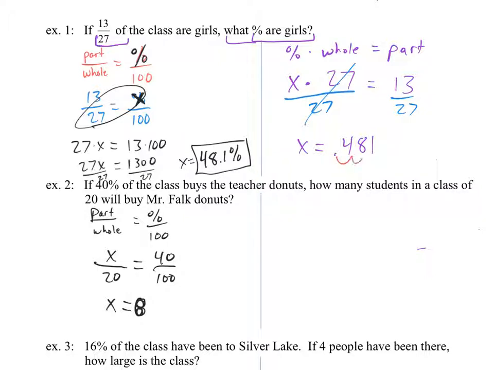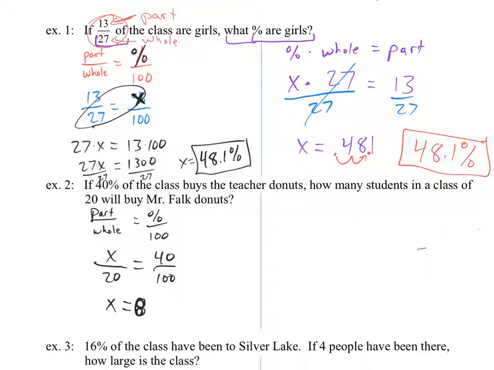Yep, for a percent, you need to change it back to a percent from the decimal. So we end up with the exact same answer as before, 48.1%. So if they give you the 13/27, the part is going to be on the top, the whole is going to be on the bottom. So part and whole. But that's going to be very rare.